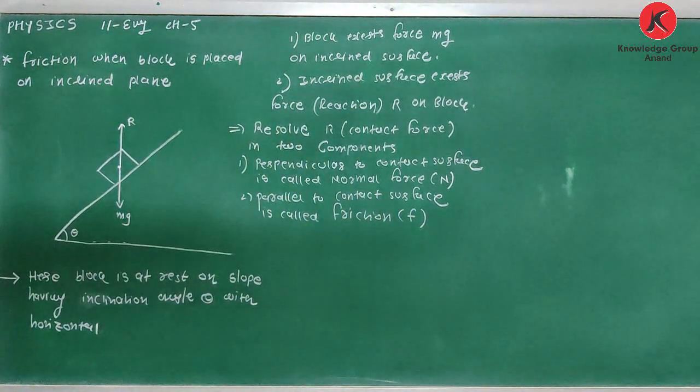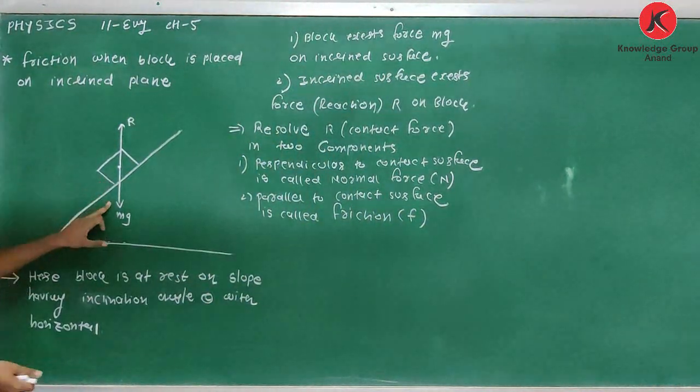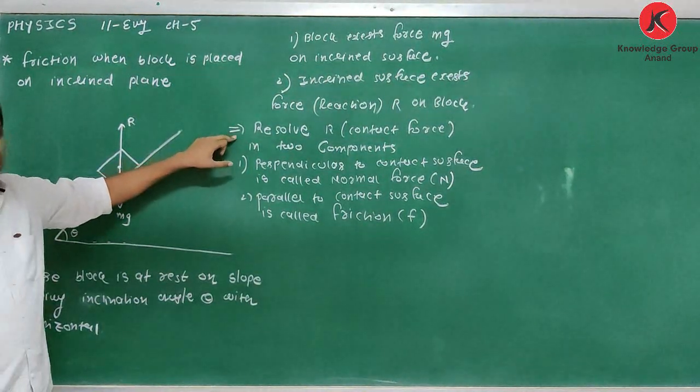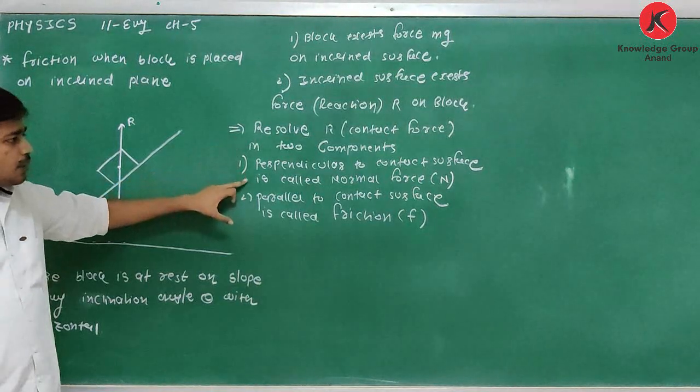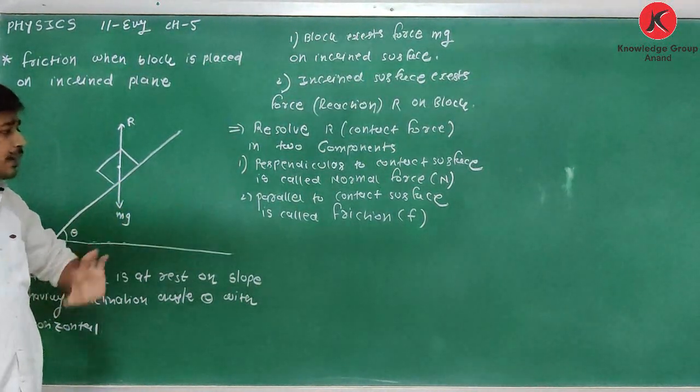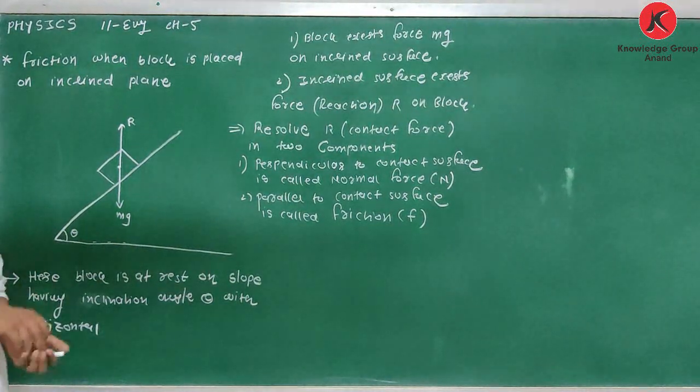So again, when two bodies are in contact with each other, contact forces are produced. Resolve R, the contact force, into components: perpendicular to the contact surface, called the normal force, and parallel to the contact surface, called friction.